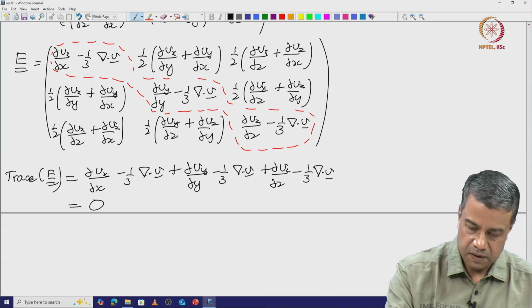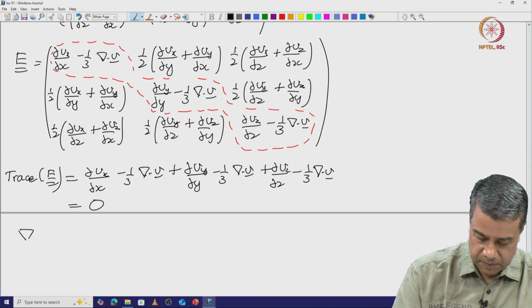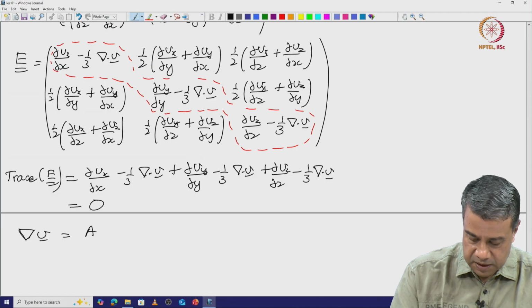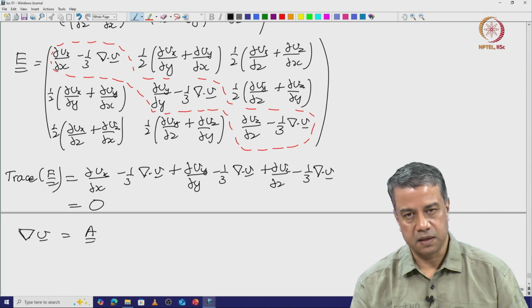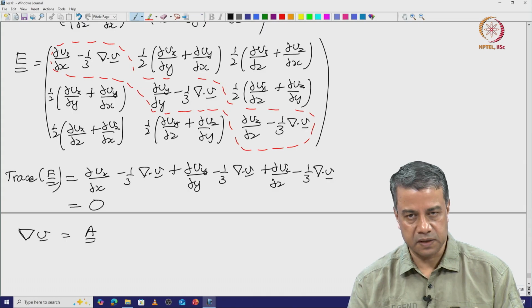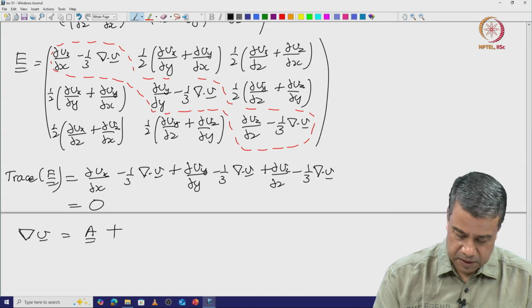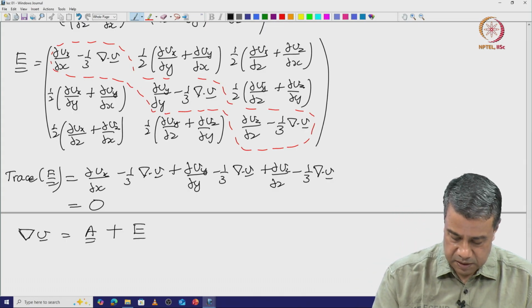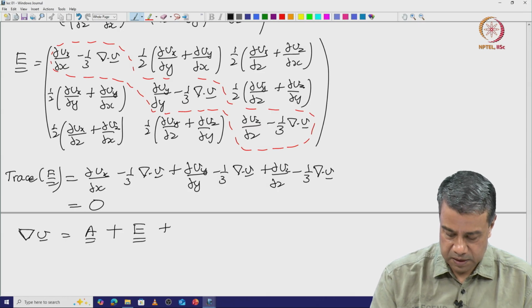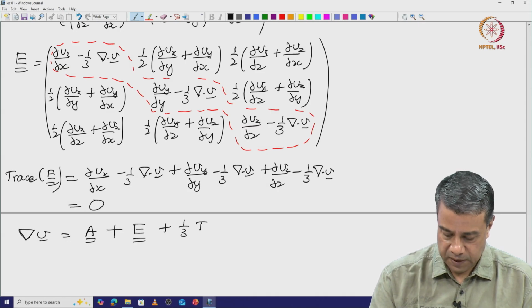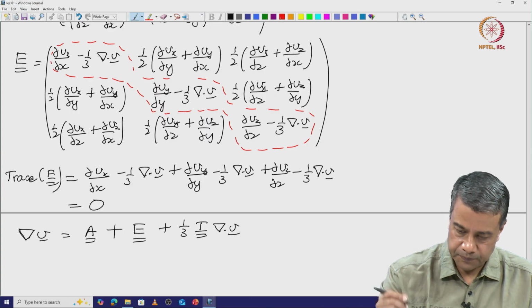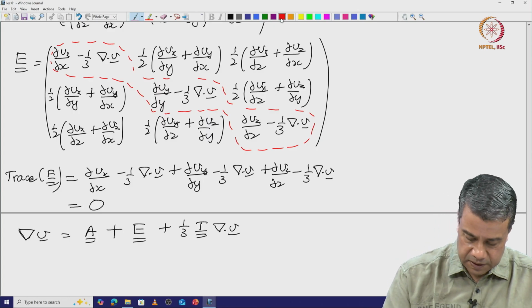So, the velocity gradient tensor can be defined as the antisymmetric matrix, that is the matrix minus its transpose divided by 2, plus a symmetric traceless matrix, plus 1/3 I del dot V. So, this first is antisymmetric.